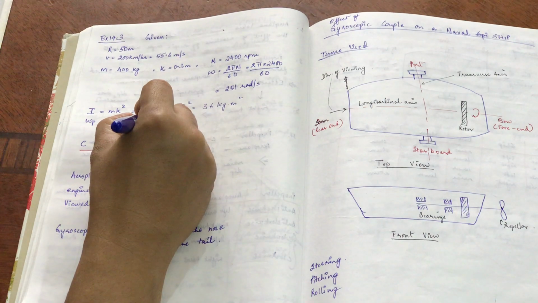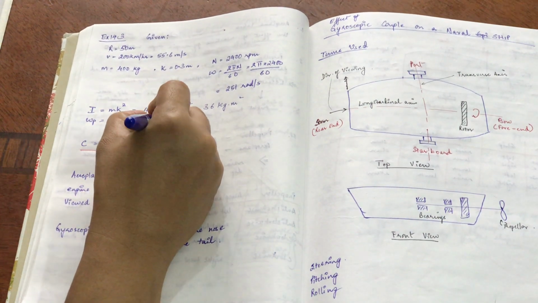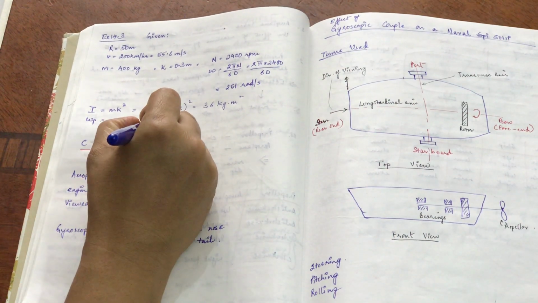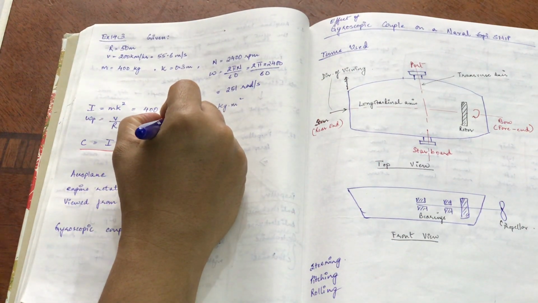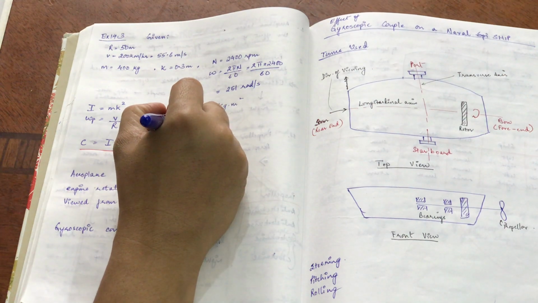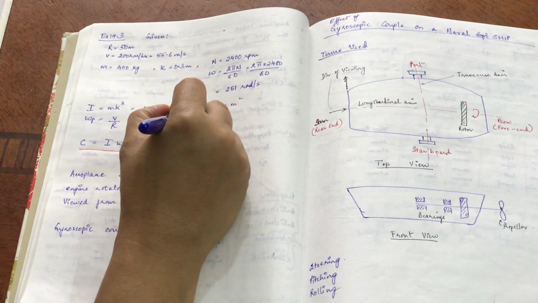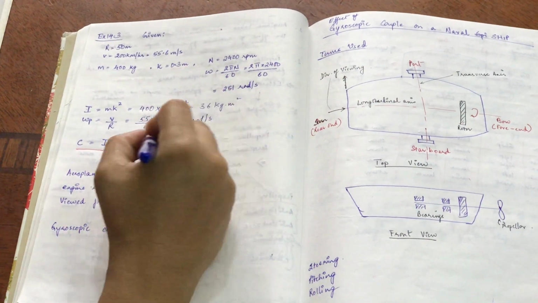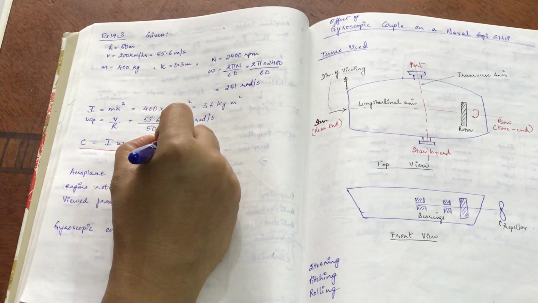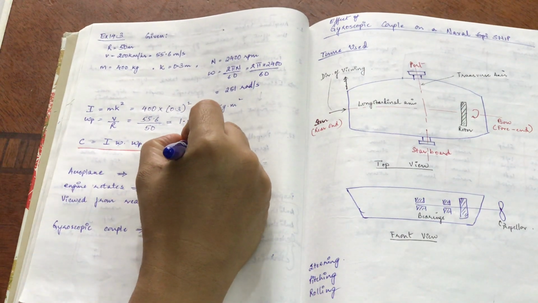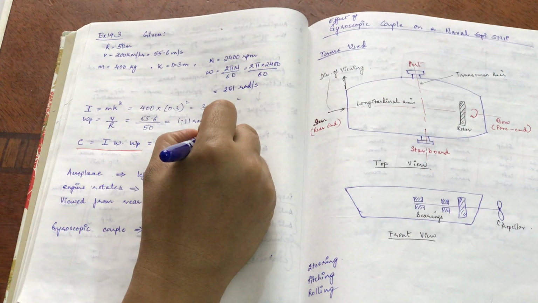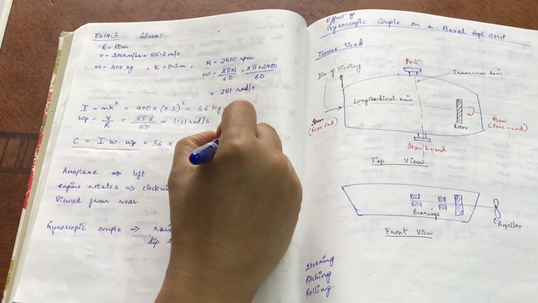So V is given as 55.6, I have converted it into meters per second, divided by R, because R is in meters, 50. So you will get the value as 1.11 radians per second, and I is 36 multiplied by omega 251 multiplied by 1.11, and then the final answer.